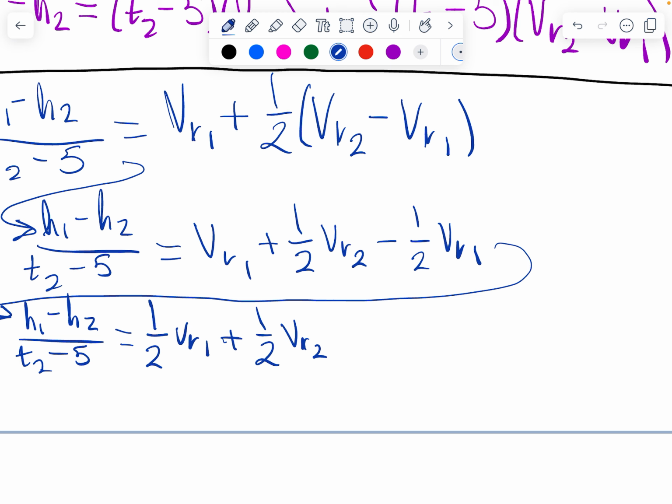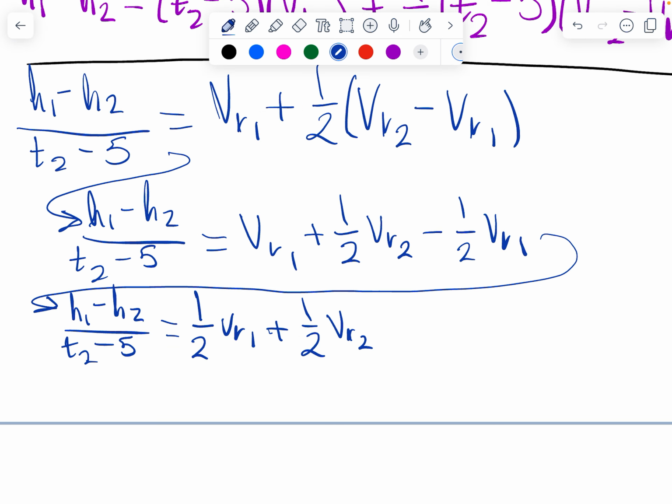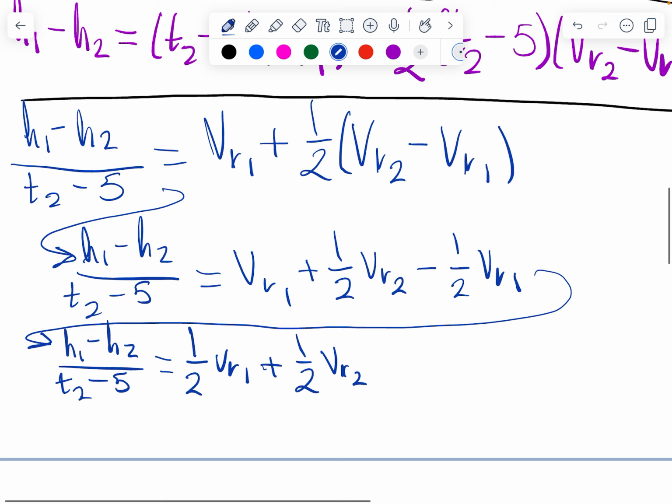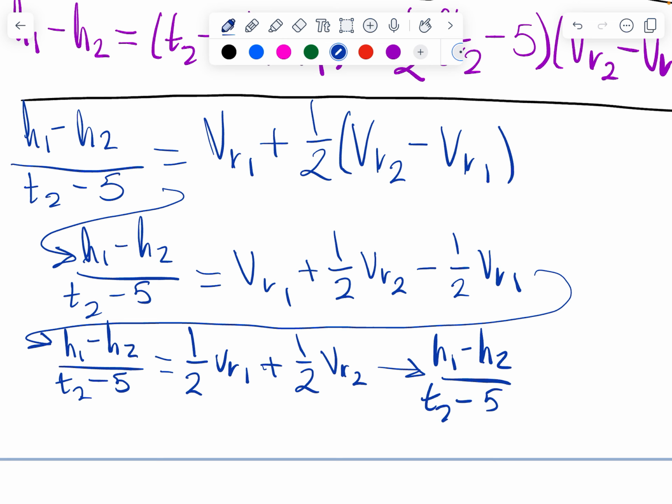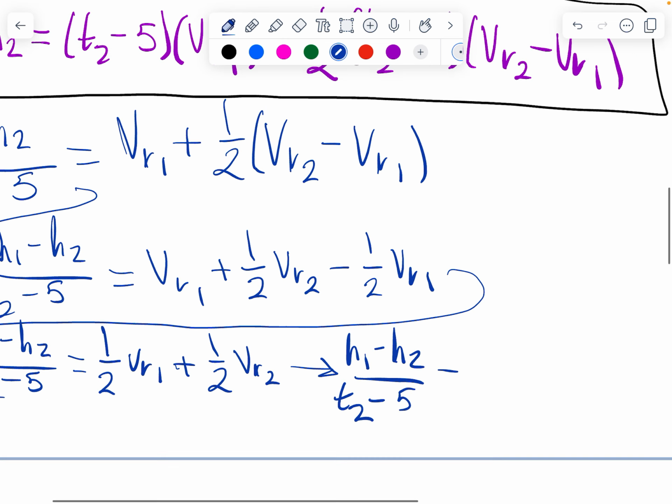So now what we want to do is isolate VR1 even more. Something pretty simple: we're going to multiply by 2, to get these VRs on their own. So (H1 minus H2) over (T2 minus 5) equals VR1 plus VR2. Look at that.